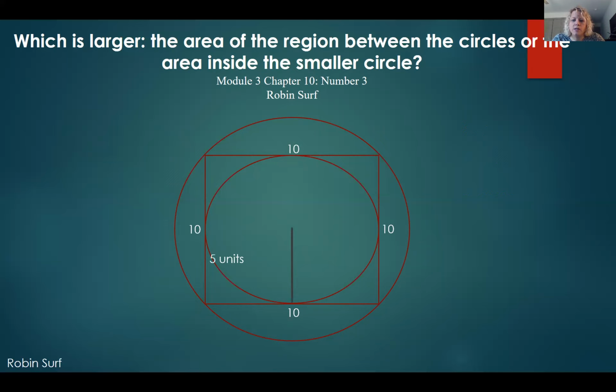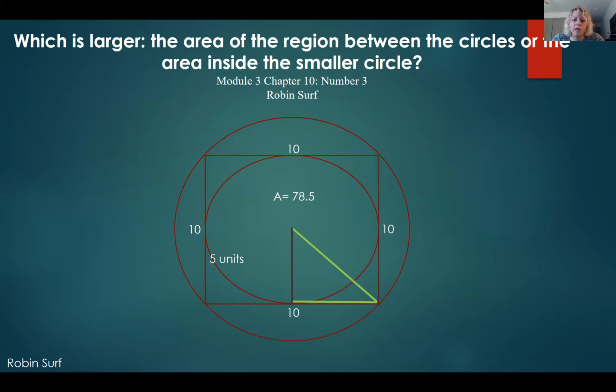So the area of the smaller circle, after doing the math, is 78.5 units. And then we can draw a triangle which looks like this. Now, notice the hypotenuse is also the radius of the larger circle.